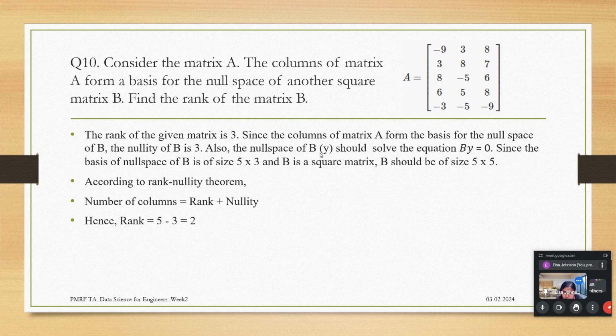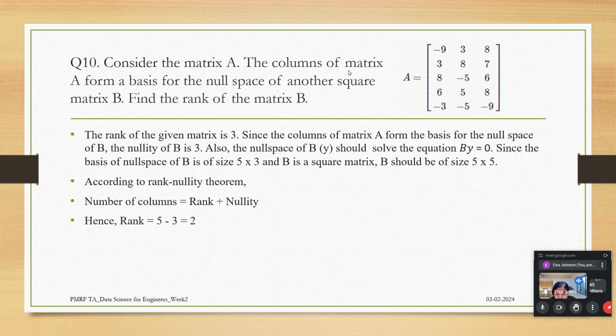Also, Y in the null space of B should solve the equation BY equal to 0. Since the basis of the null space of B is of size 5 cross 3 and B is a square matrix, B should be of size 5 cross 5. According to the rank nullity theorem, number of columns is equal to rank plus nullity. So here rank equals 5 minus 3 equals 2. So first we have to find the rank of the matrix A.